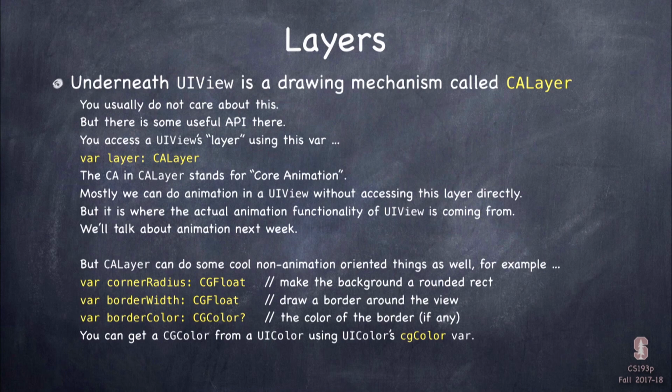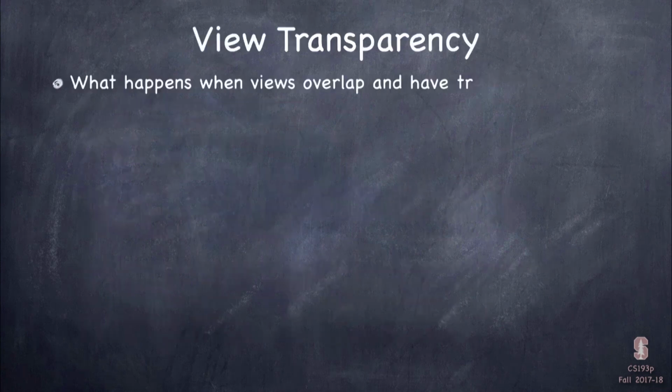So it can't really use the UIColor struct because it's kind of above it in the hierarchy of frameworks depending on each other. So it uses CGColor. Luckily, UIColor is also above Core Graphics, so it has a var called cgColor, which gives you itself as a CGColor. And I showed all that in the hints of your assignment, right? Okay, so that's a layer thing.